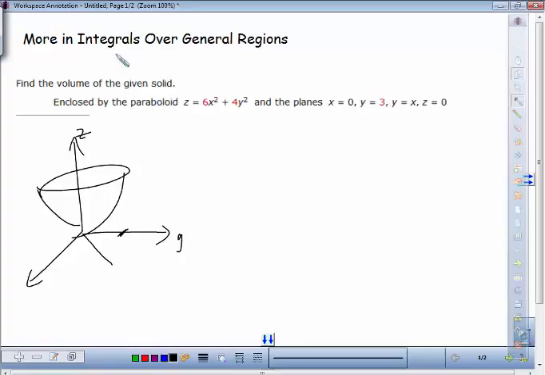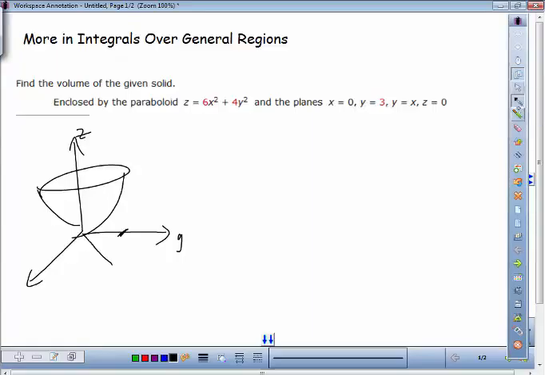So there we have it. Do you have a visual of this? Okay, so this is what I have so far in terms of a visual as a paraboloid.